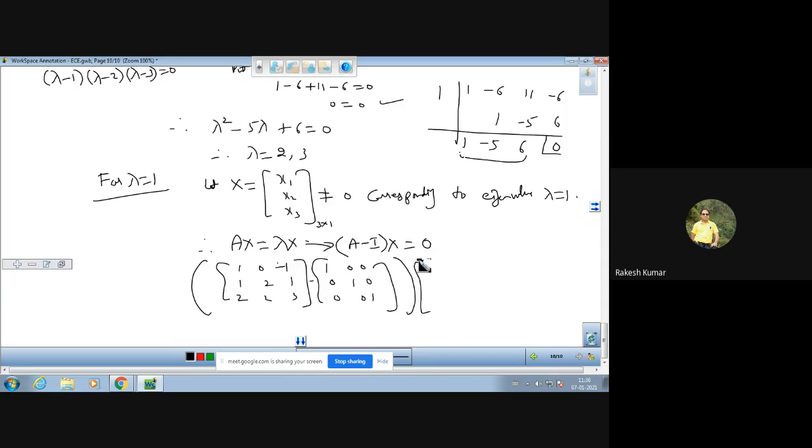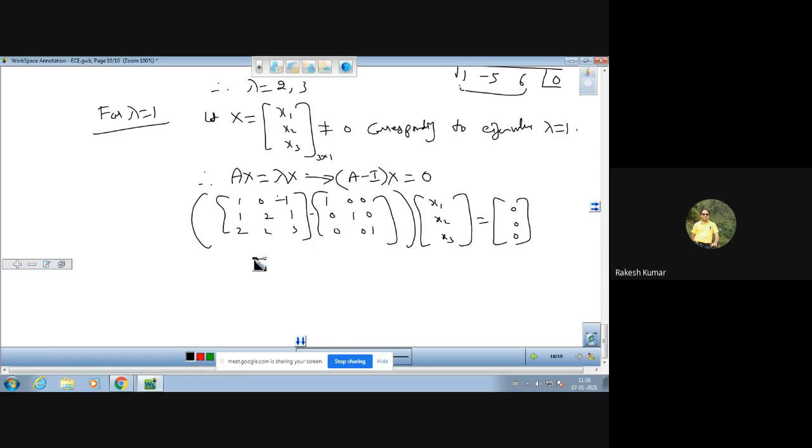So we have the vector x1 x2 x3 is equal to the null vector. Now you can subtract these. This is 0 0 -1, 1 1 1, 2 2 2. So this is x1 x2 x3 is equal to 0 0 0 we have.